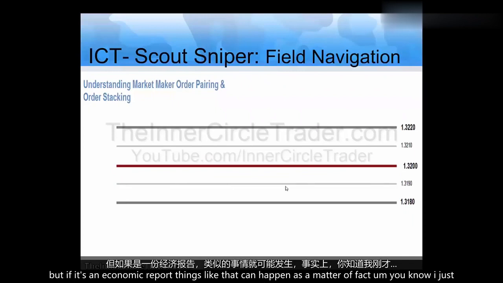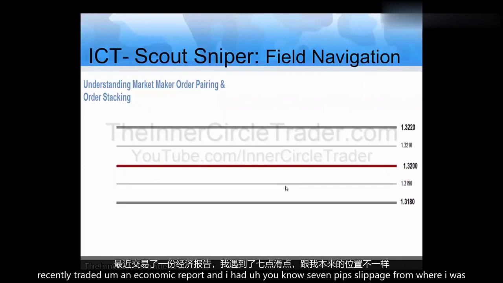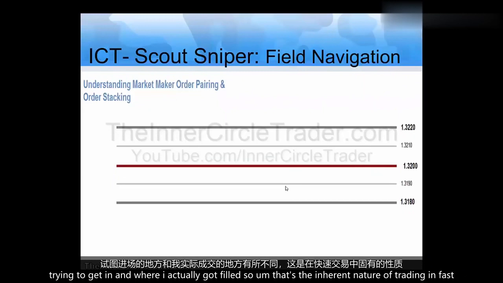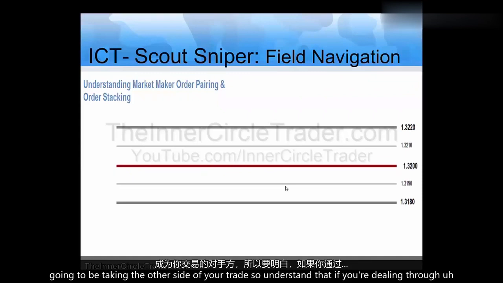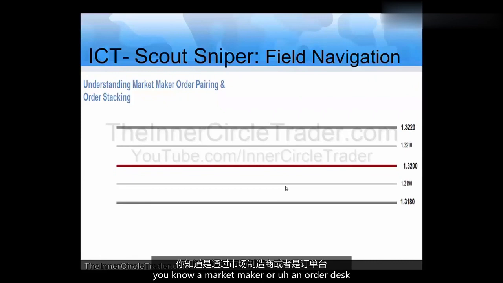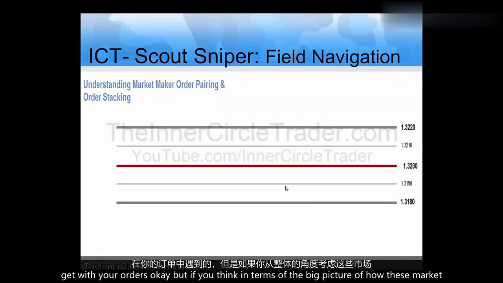As a matter of fact, I just recently traded an economic report, and I had 7 pips slippage from where I was trying to get in and where I actually got filled. So that's the inherent nature of trading in fast, illiquid markets, and they're going to fill you where they want to fill you. They're going to be taking the other side of your trade. So understand that if you're dealing through a market maker or an order desk, that's the type of filling you're going to get with your orders.